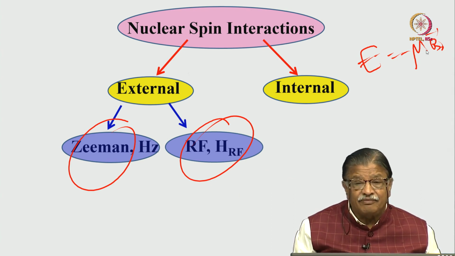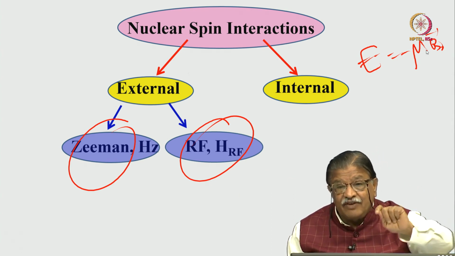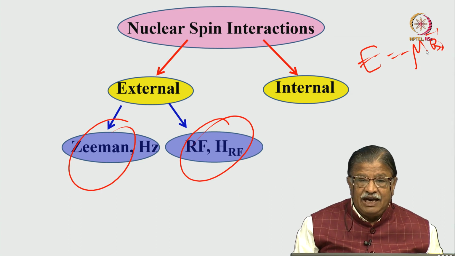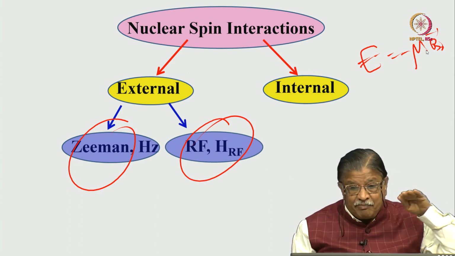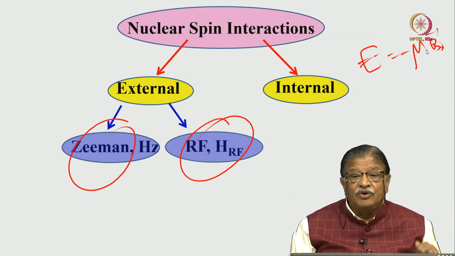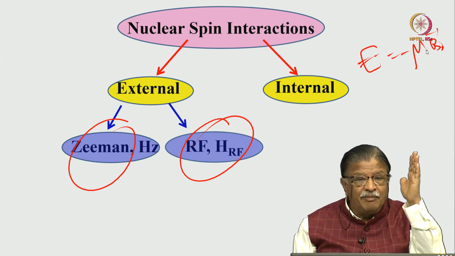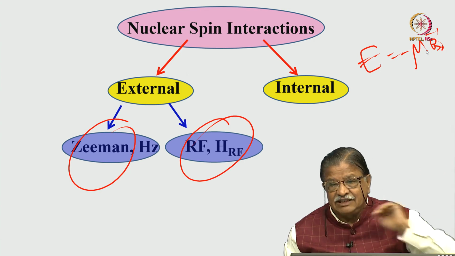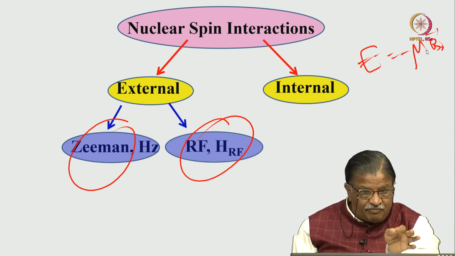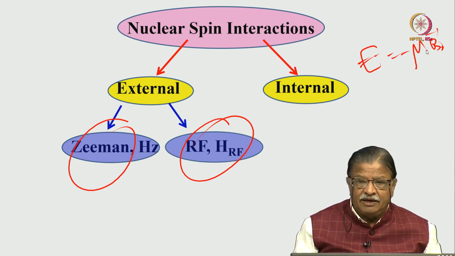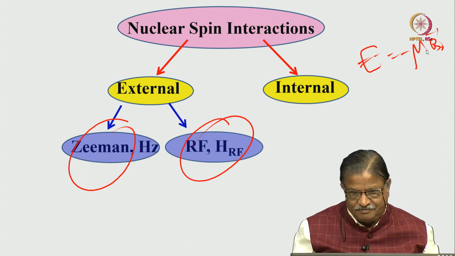Another is RF. We have to apply a radio frequency pulse in a direction perpendicular to the magnetic field to induce resonance. I said the bulk magnetization will be tilted to the x axis or y axis by applying an RF pulse in a direction perpendicular to the bulk magnetization.